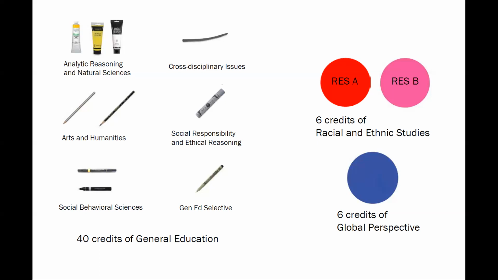So making sure that you're choosing these 40 credits that are on the general education list, and then making sure that we have a red and a pink or two reds, and then at least one blue while we are choosing these things. Hopefully that helps you understand these a little bit better.